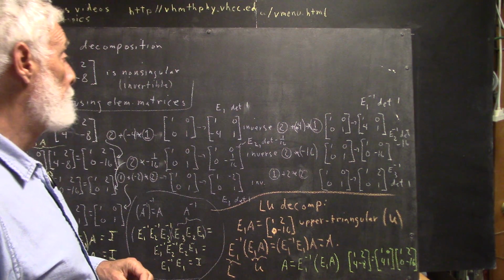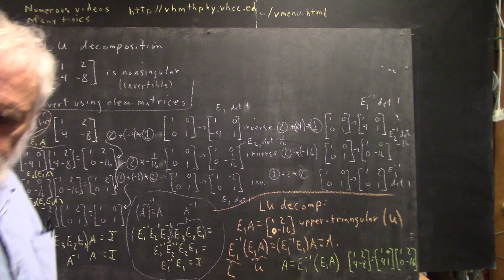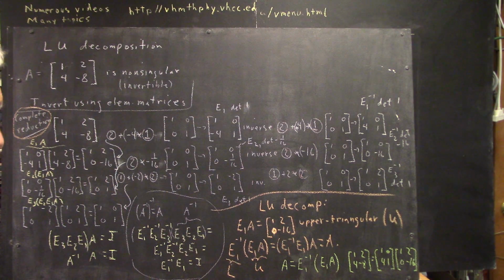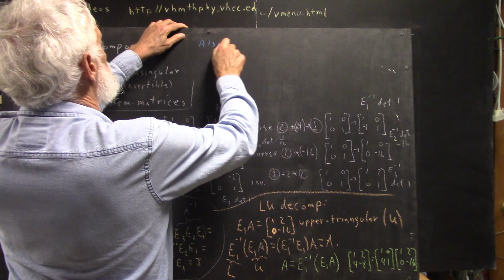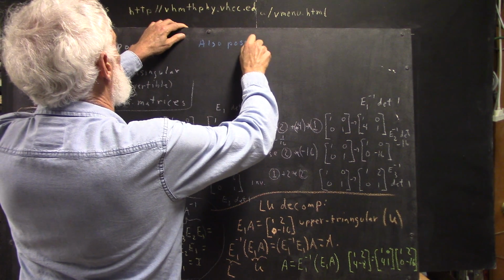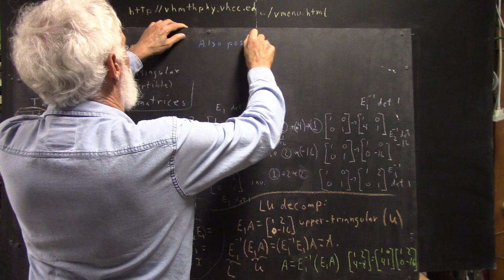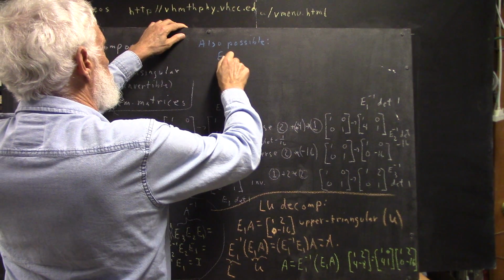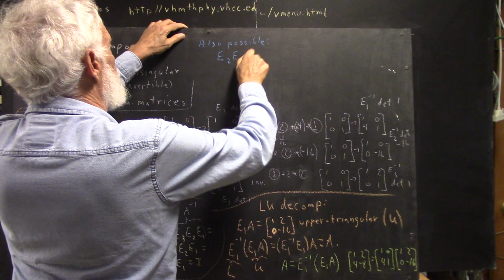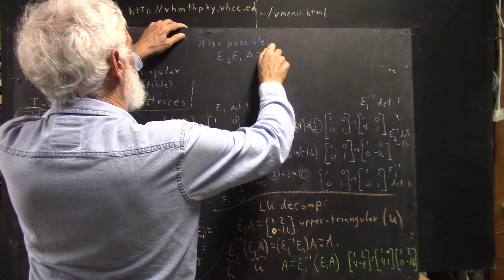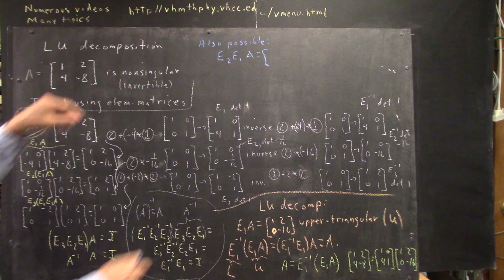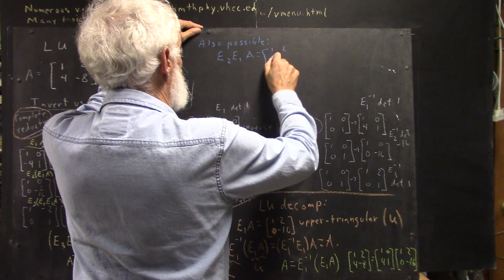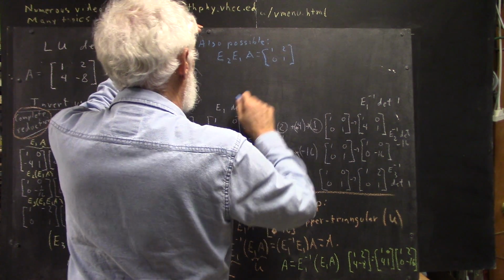So we could have done E2 E1A. Well, we do E2 as well as E1. We get the 1, 2, 0, 1.